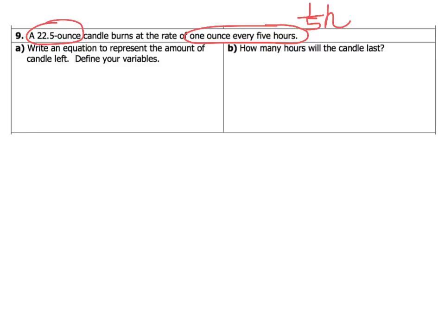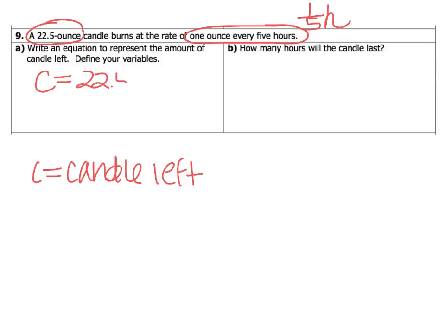So if we want to write an equation to represent the amount of candle left, we're going to say C, and C is going to stand for the amount of candle left. We're going to say C equals what we're starting with. We're starting with 22.5 ounces, and it's burning off, so we're subtracting 1/5 of an ounce every hour.